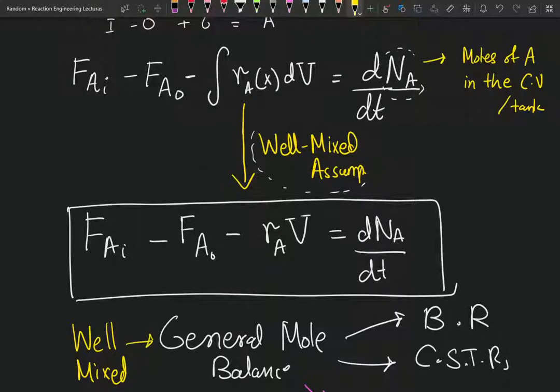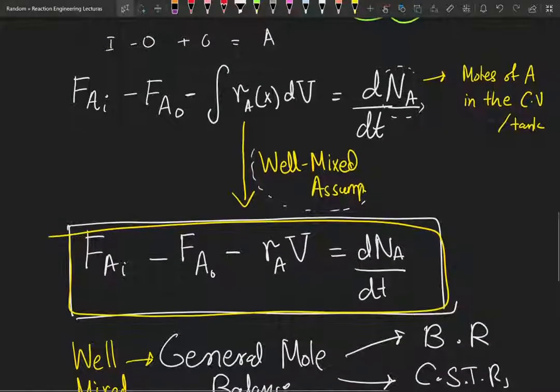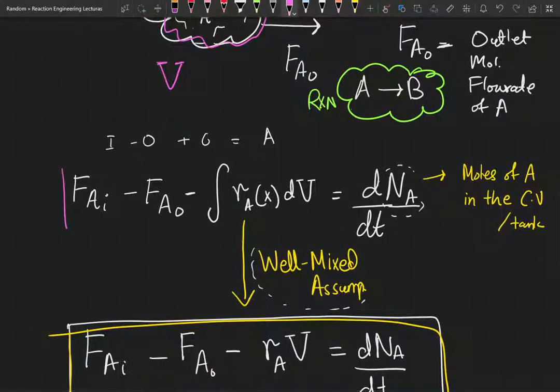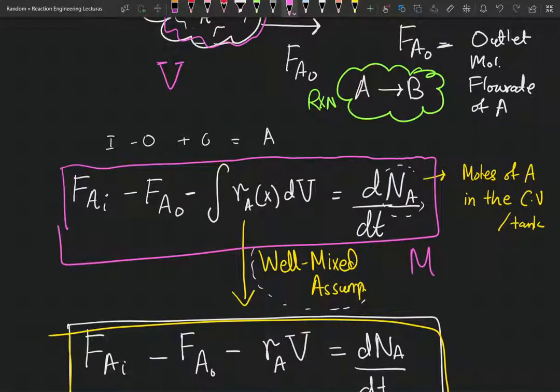If you want to go even more general, if you want to keep the spatial variation of reactant, then that one is the most general, because I'm not assuming that the system is well mixed.